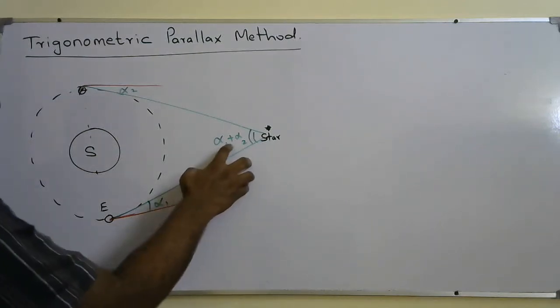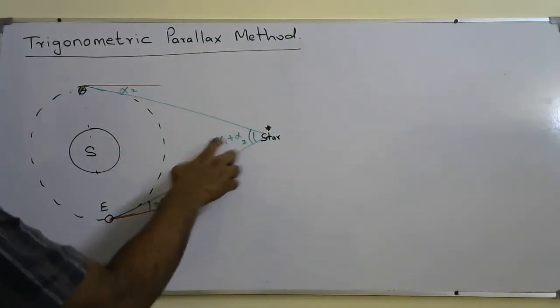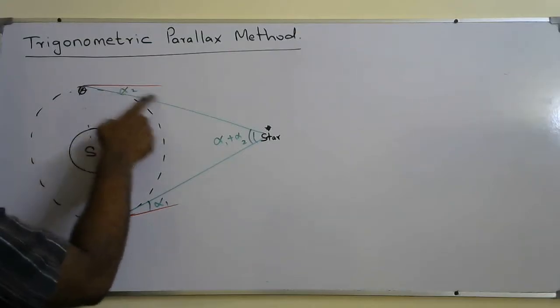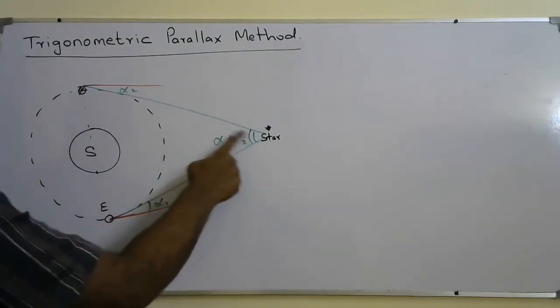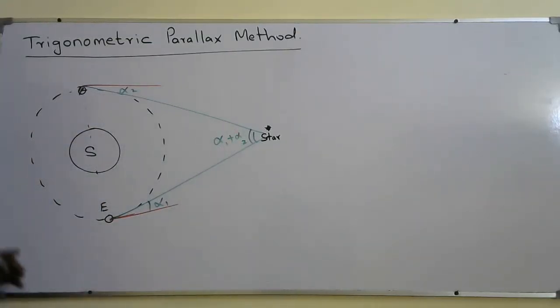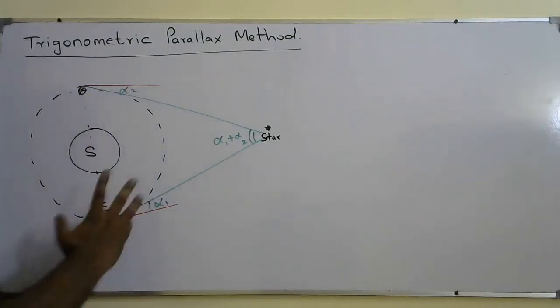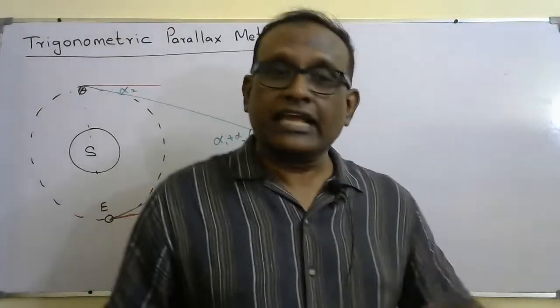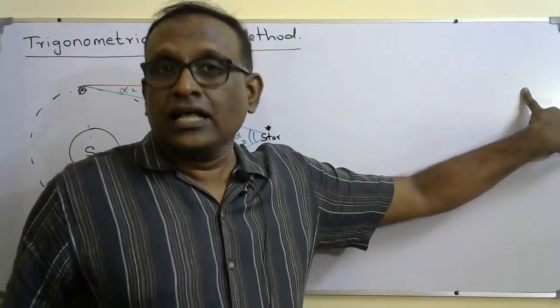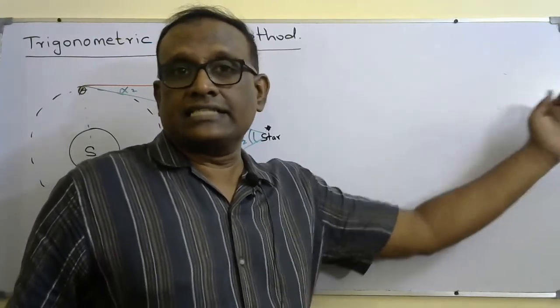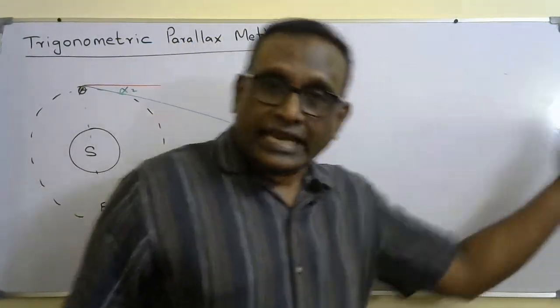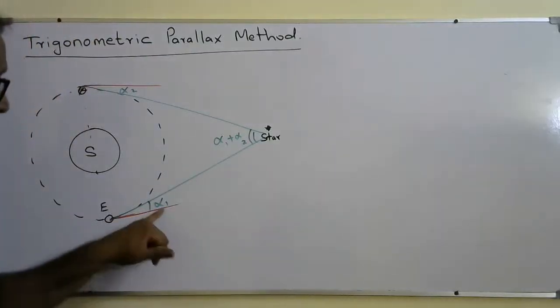So we can measure this angle, alpha 1 plus alpha 2. Alpha 1 is this one, alpha 2 is this one, because these two red lines indicate the light ray from the far distant star, which is taken as the reference line. Relative to that line, we measure these two angles.